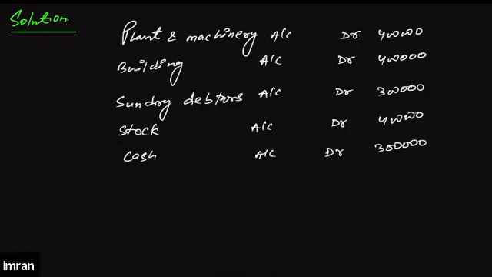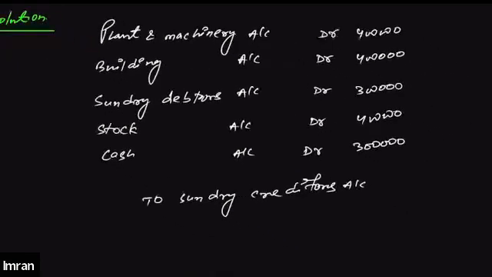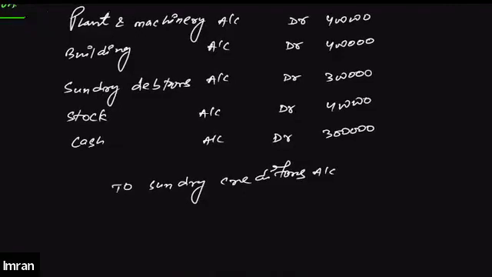Right, and we also took over a few liabilities that include sundry creditors. Sundry creditors account. Value of the sundry creditors were, let me check. Yeah, it was 2 lakh.